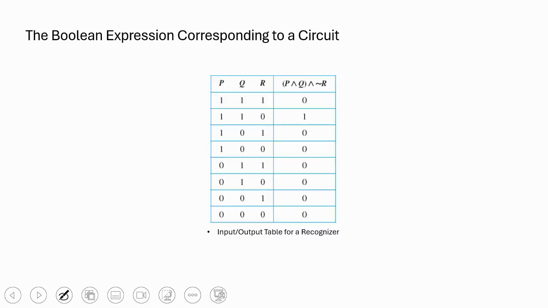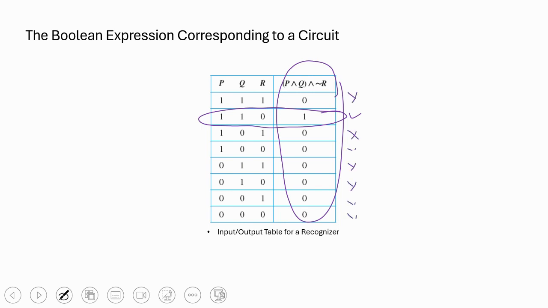If you look at this example, you can see that this is a recognizer. There's only one possible combination where we're going to get a 1, or a true, you might think. So this is maybe where the signal would be turned on and then off in all other instances. So it's trying to recognize that one special circumstance.